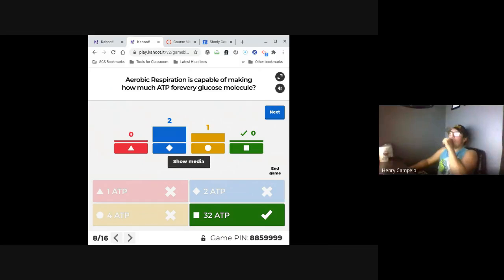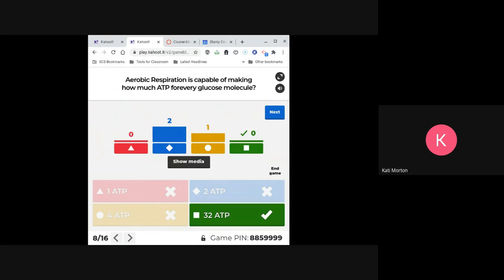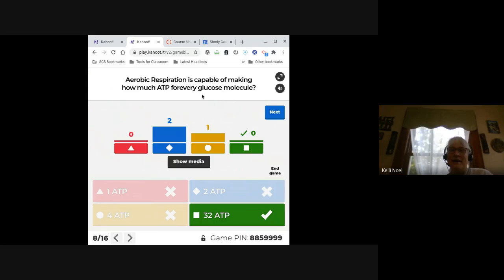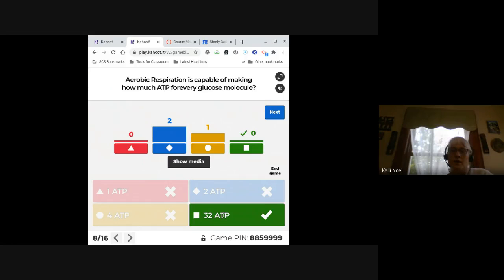Two people picked 32 the last time. So it's going to make the total amount. It's really a little bit more than this, but 32, you may see 34 to 38, 36 to 38. So it makes in the 30s for every glucose molecule.